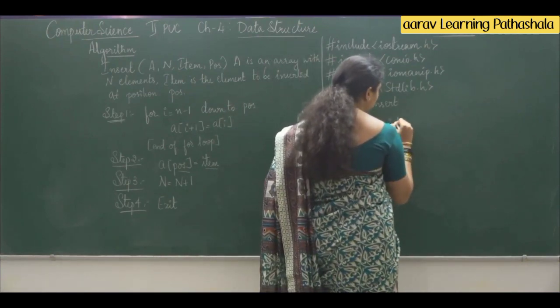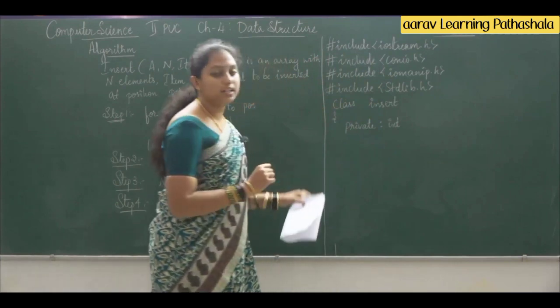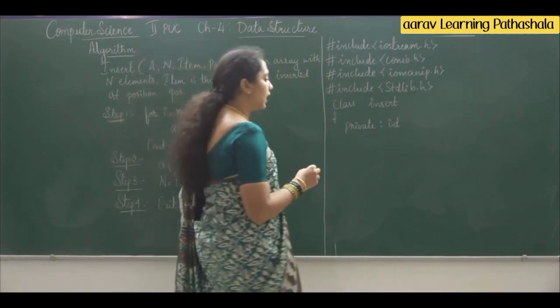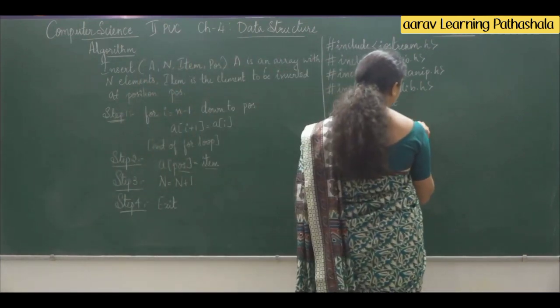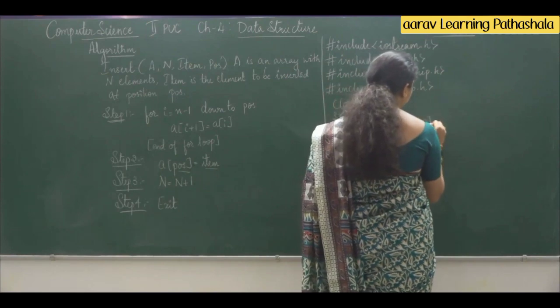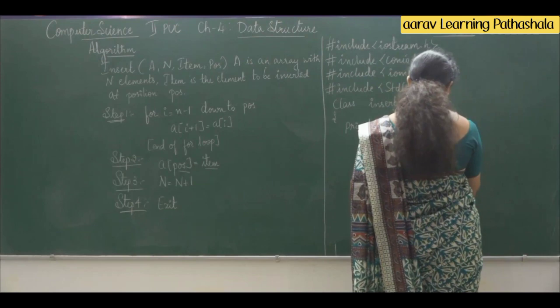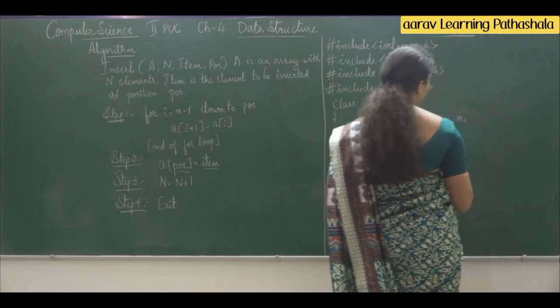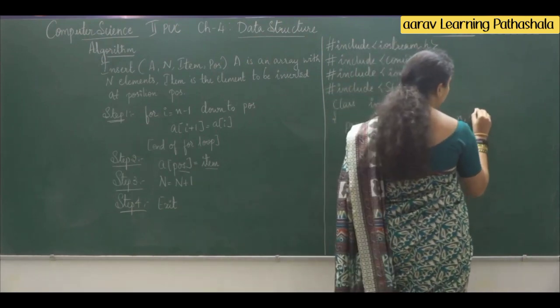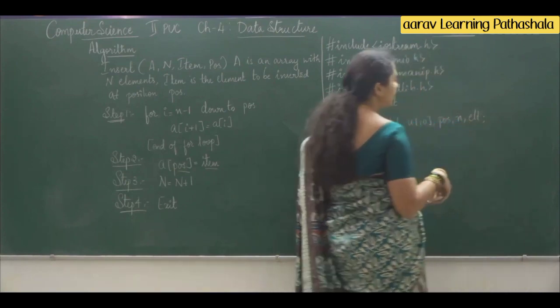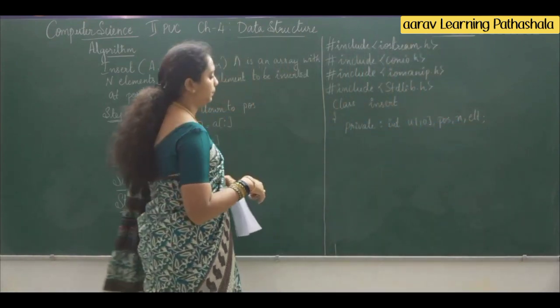What are all the variables we require in our program? That is array name, that is A of 10, then position, size of an array, and the element to be inserted.